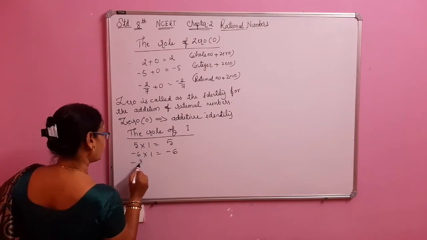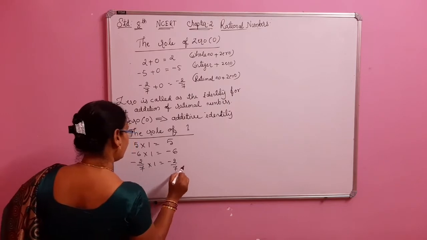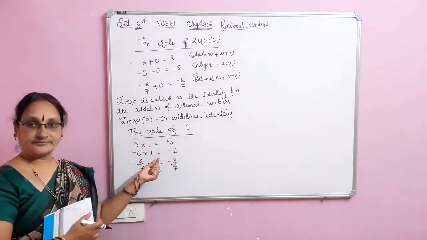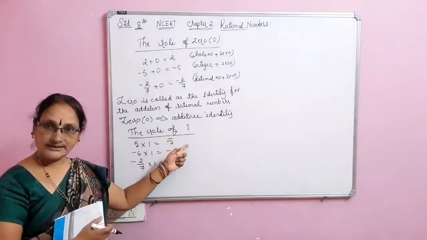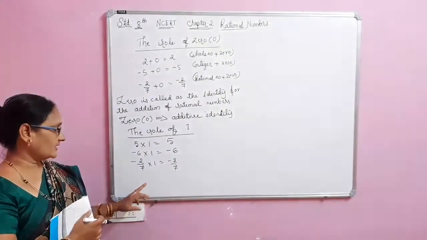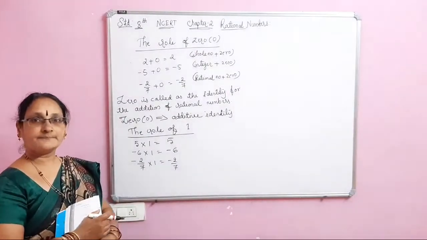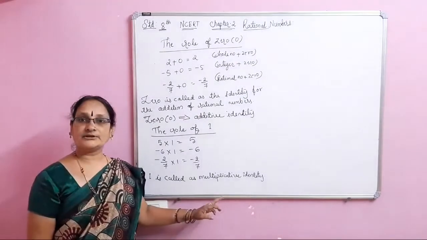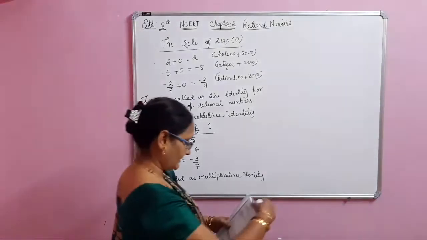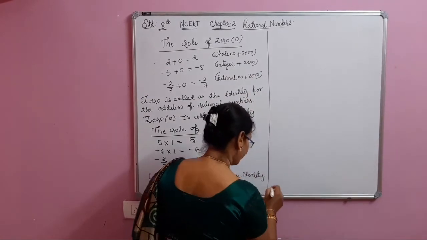Suppose we take one rational number, minus 2 by 7 into 1 is minus 2 by 7 only. Whenever we multiply 1 with a whole number, we get the whole number; with an integer, again an integer; with a rational number, again the same rational number. 1 is called the multiplicative identity for whole numbers, integers and rational numbers. This is the role of 1.